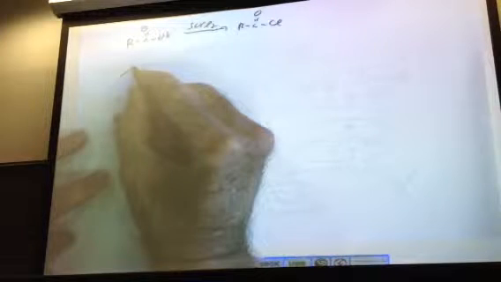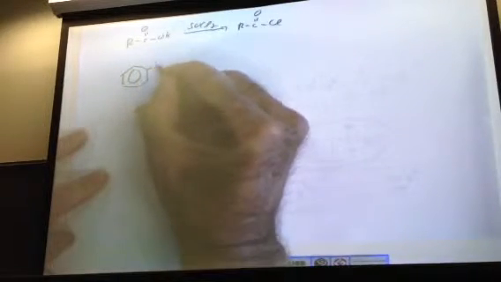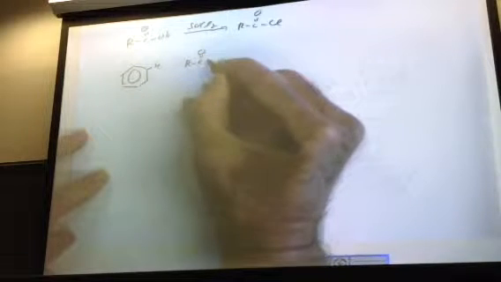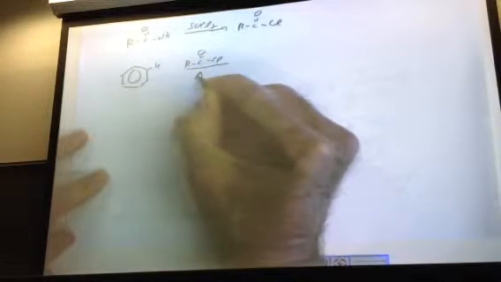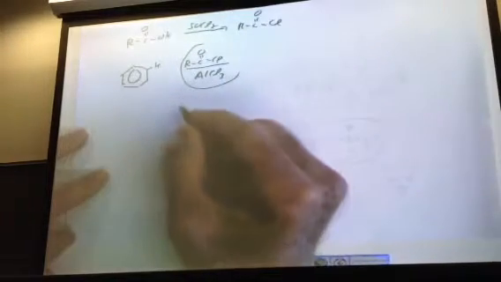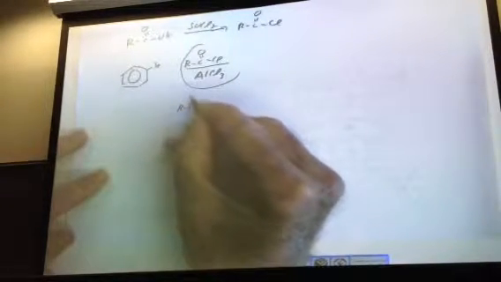Okay. And you also know you have an aromatic and you have RCOCl and aluminum chloride. When you mix these guys together, remember what you get. You get this.